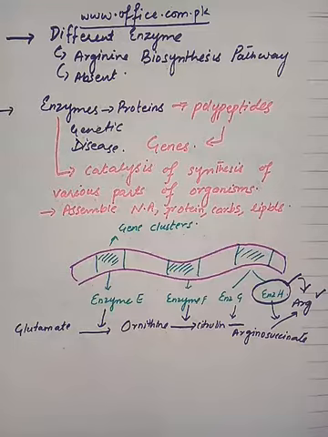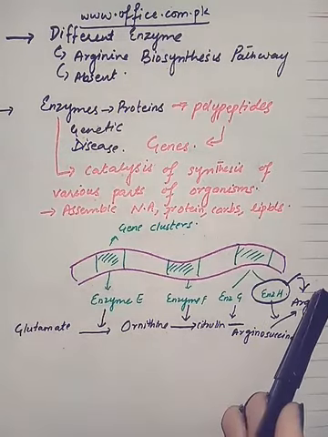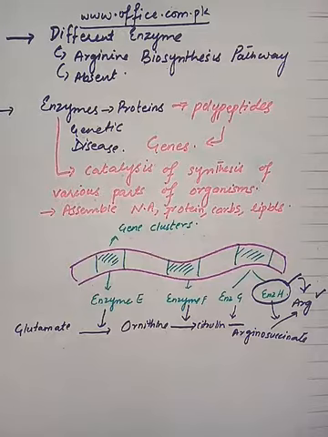So if you damage that gene or information included in that gene, ultimately it is going to affect the working and even the formation of that particular enzyme, and then the pathway which is controlled by that enzyme is also affected. If the enzyme will not be present, the pathway cannot be carried out, and ultimately there will not be formation of the particular nutrient inside the body, as we are taking the example of Neurospora.